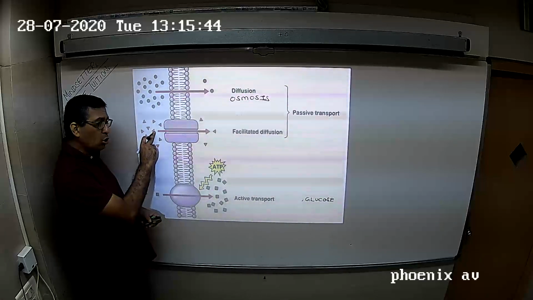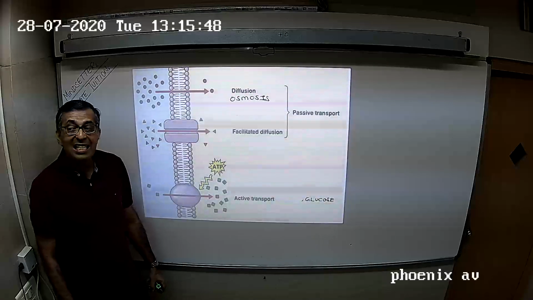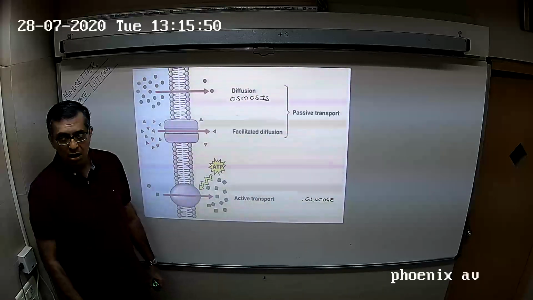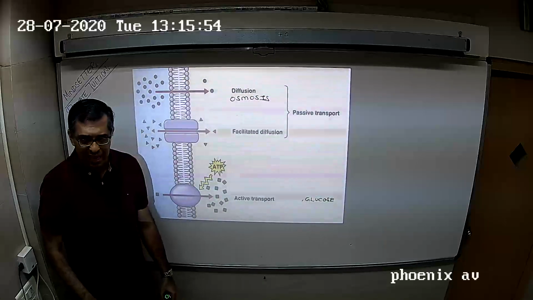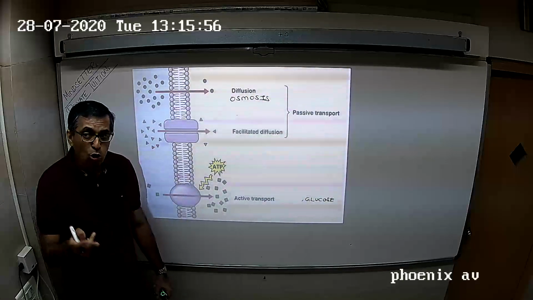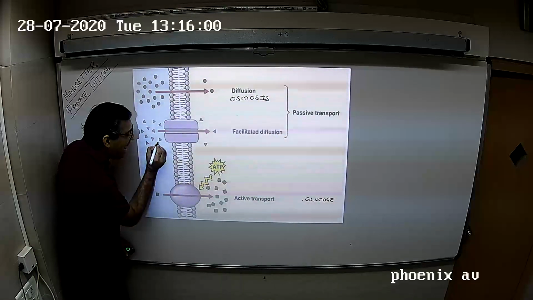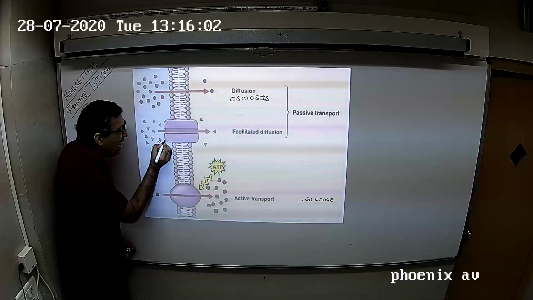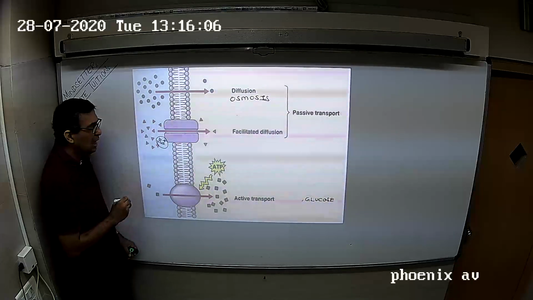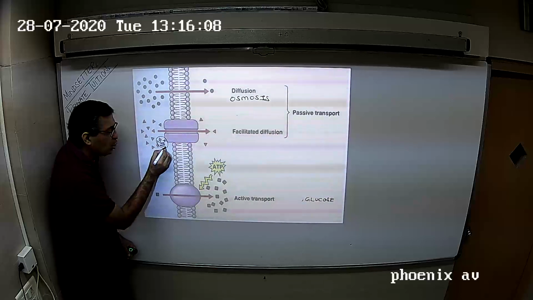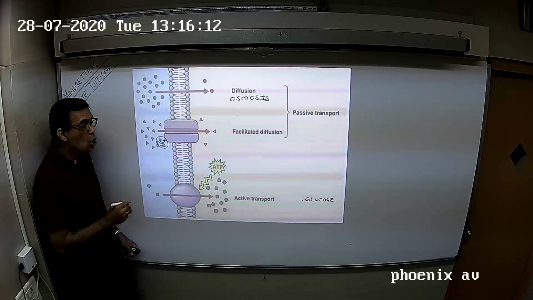But fructose cannot pass through the cell membrane. फ्रक्टोज सेल मेम्ब्रेन से पास नहीं हो सकता है. तो फ्रक्टोज क्या करता है? फ्रक्टोज attaches to a carrier molecule like sodium. कैरियर मॉलिक्यूल लाइक सोडियम को फ्रक्टोज अटैच हो जाता है.